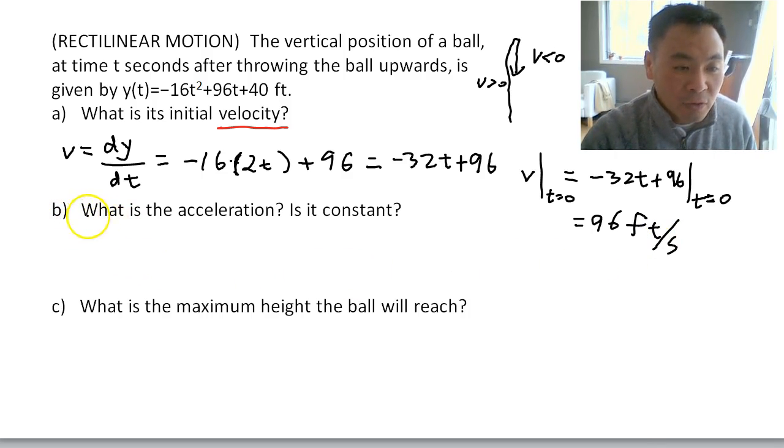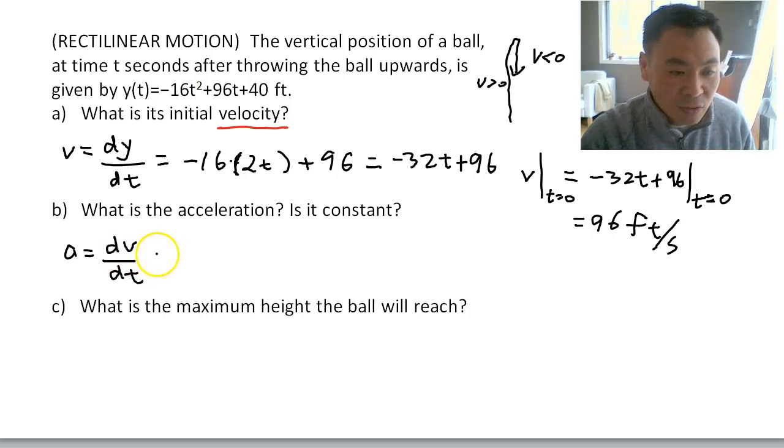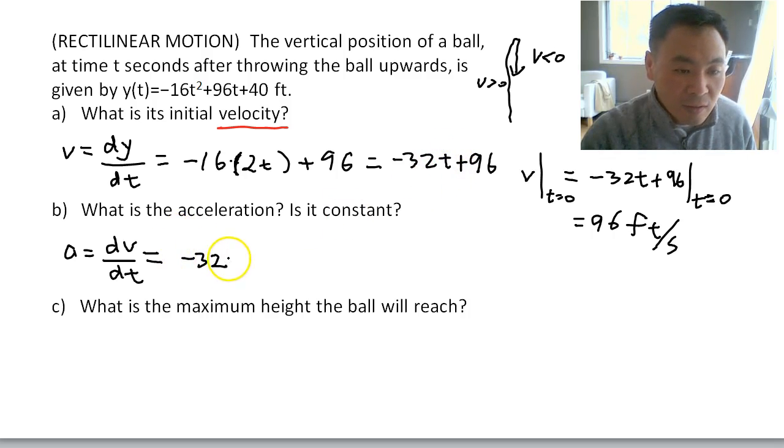Second question, question B, what is its acceleration? Is it constant? What's an acceleration? Acceleration is the rate of change of velocity. It's looking for how fast the velocity is changing, and since velocity is -32t + 96, we have to differentiate this. Differentiating t gives you 1, and 96 is a constant, so its derivative is 0.